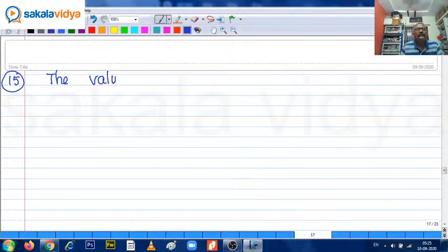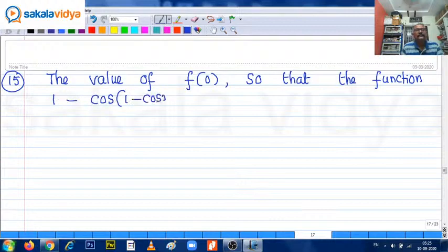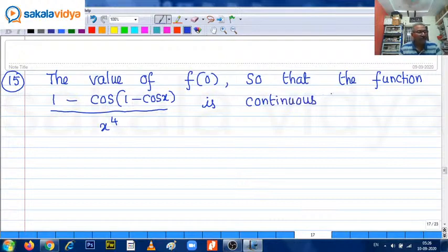The value of f of 0 so that the function 1 minus cos of (1 minus cos x) upon x to the power of 4 is continuous everywhere, meaning on the real number system.